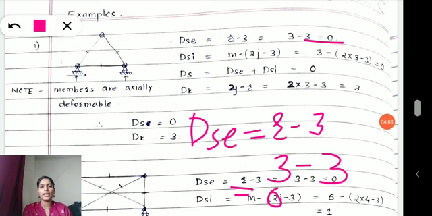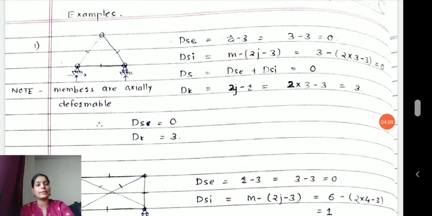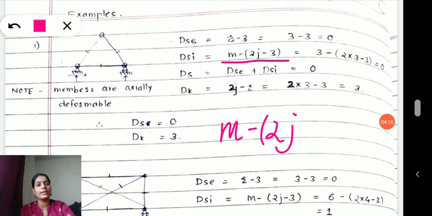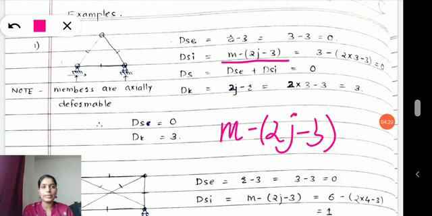Next is DSI, internal static indeterminacy. Now I am calculating it for trusses. For trusses we have the formula m minus (2j minus 3). That is the formula for a simply supported truss.